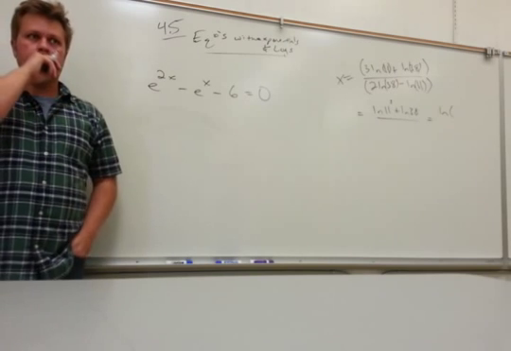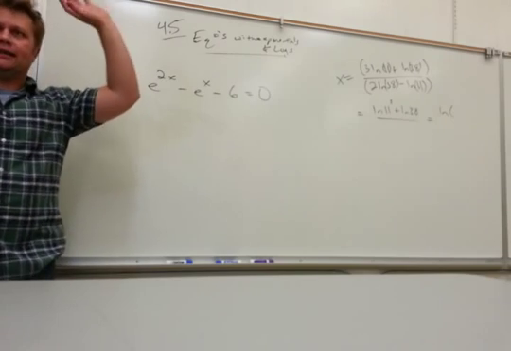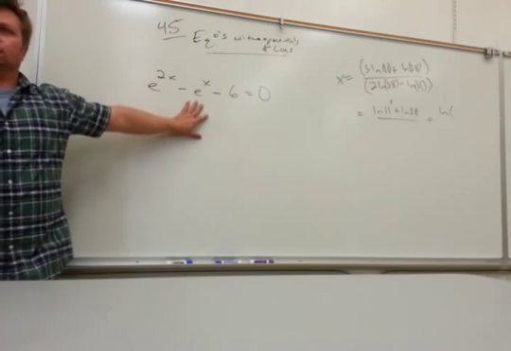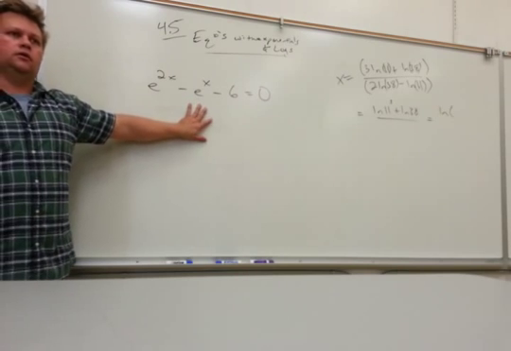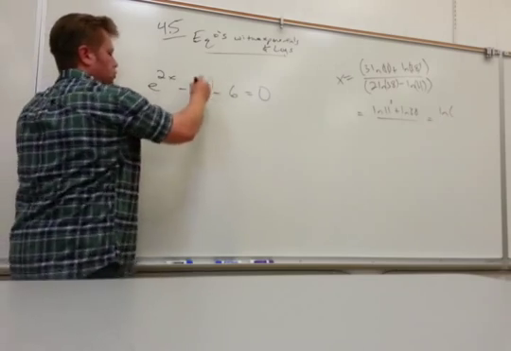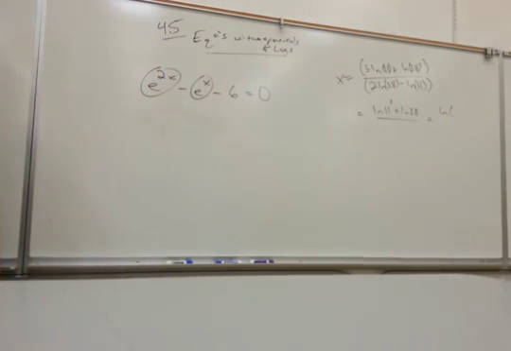Well, it is quadratic. The key thing here is this is quadratic in e to the x. This is quadratic in form. What does that really mean? As long as the middle term's power is half the first term's power, you can try to factor it, or you can use the quadratic formula.